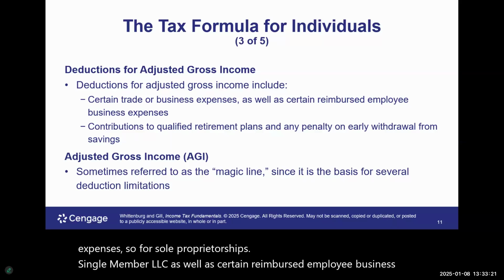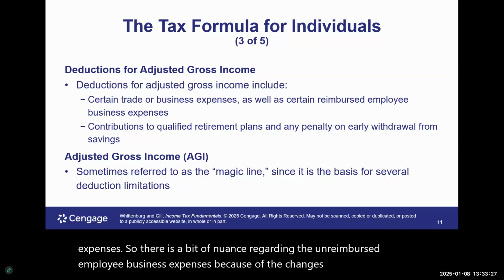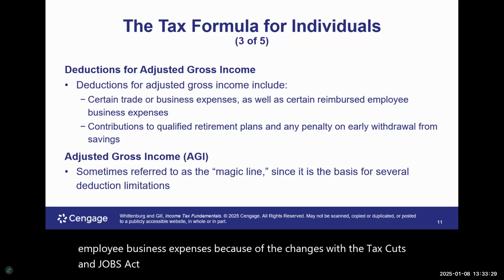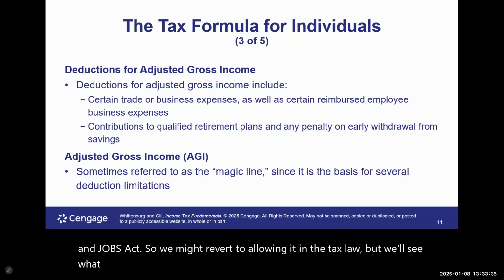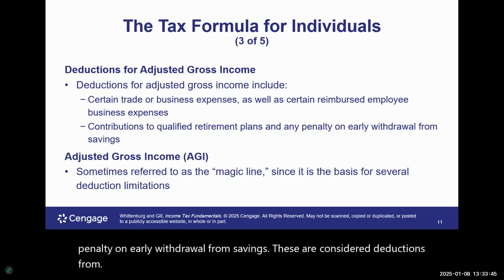There is a bit of nuance regarding the unreimbursed employee business expenses because of the changes with the Tax Cuts and Jobs Act. So we might revert to allowing it in the tax law, but we'll see what happens. Next, contributions to qualified retirement plans and any penalty on early withdrawal from savings. These are considered deductions for AGI.